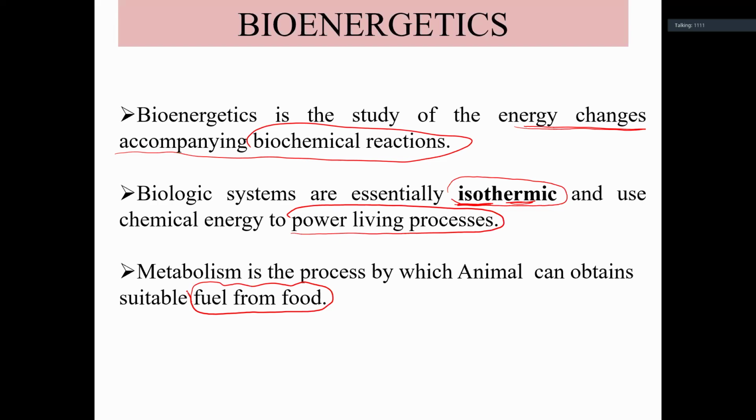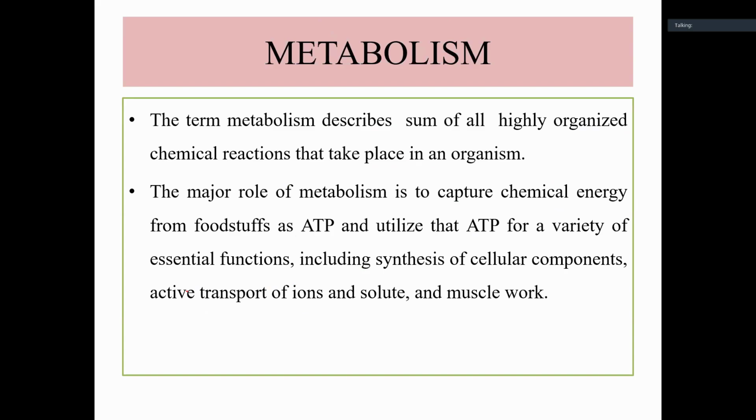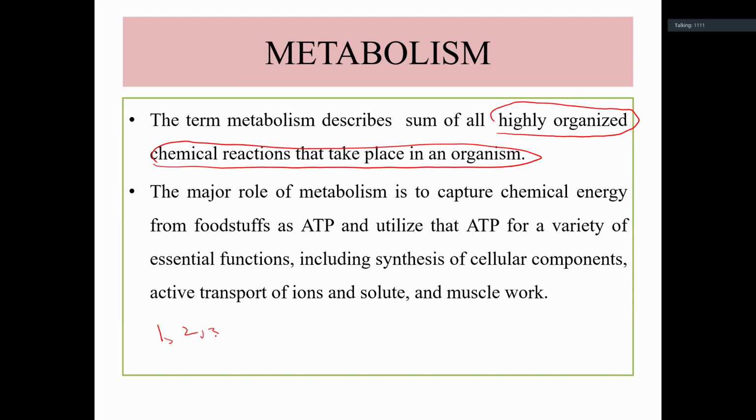Clear? So all these three things we covered in the first slide. So the term metabolism is described as highly organized chemical reactions. Organized ones are 1, 2, 3, 4, 5, 6, 7, like this. Not random.